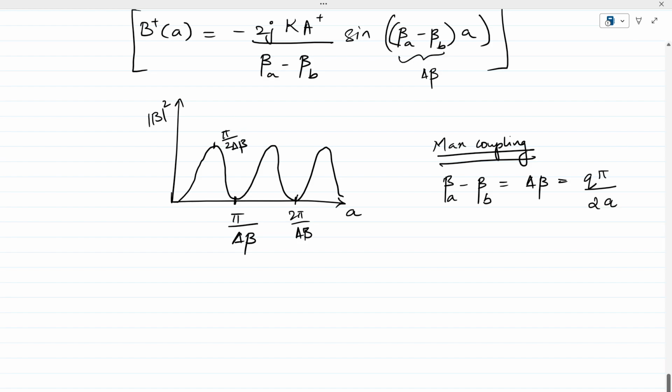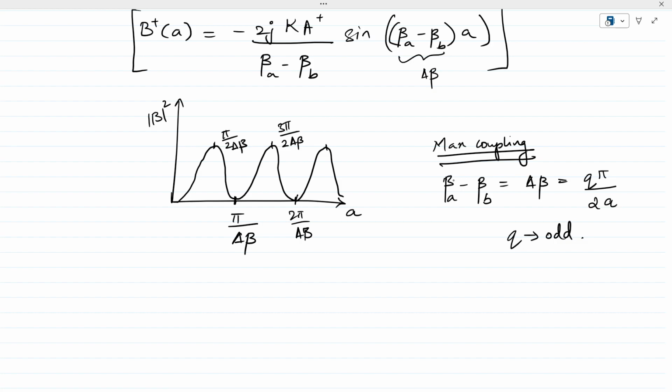So for maximum coupling, I can write delta beta is qπ/2a, because it can be any odd integral multiple of π/2a. Here it will be 3 pi by 2 delta beta, 5 pi by 2 delta beta.